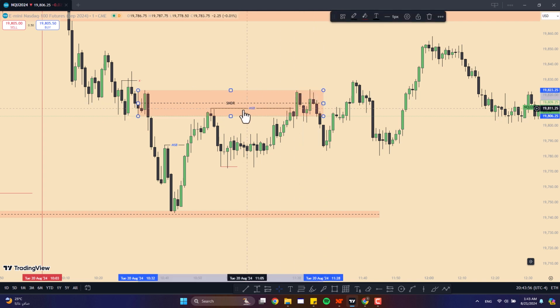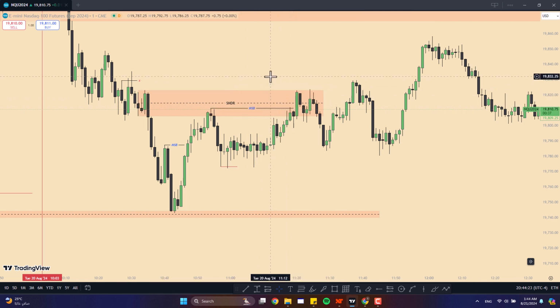But we have the break of structure, but remember how I told you that just because we have a break of structure above a high, but we couldn't close or violate the zone that the price rejected from earlier, that is still a bearish signal. Price is still bearish.